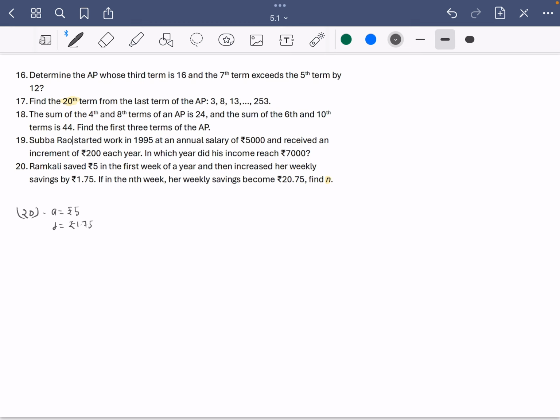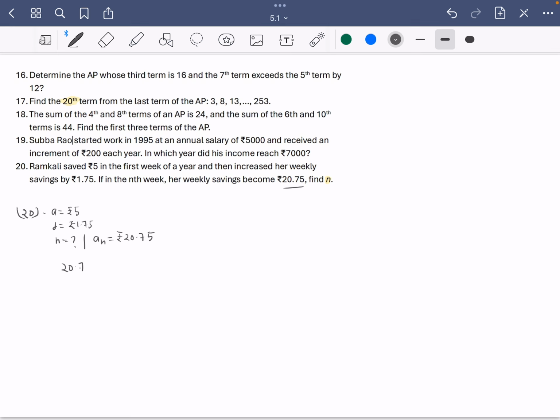In the nth week, we do not know what week it is, so n is unknown, or we have to find it out. By the nth week savings become 20.75 rupees. So an, by the end of the nth week it becomes 20.75. So we are given the nth term 20.75. I can use the general term formula to calculate this.